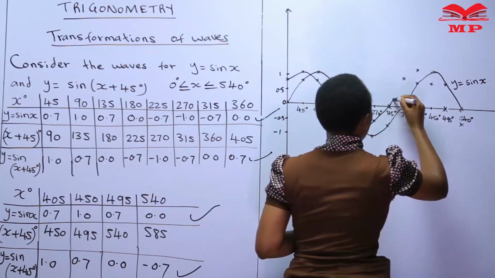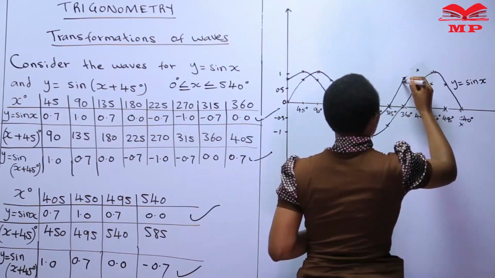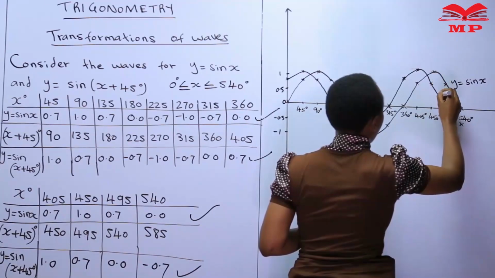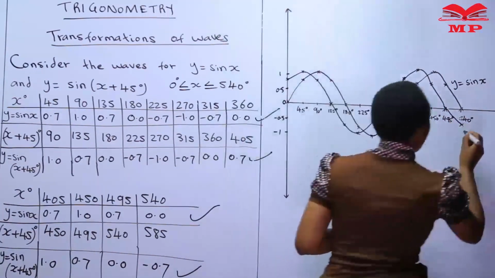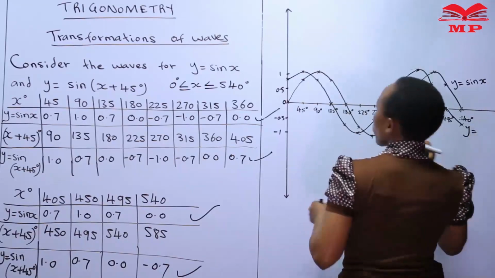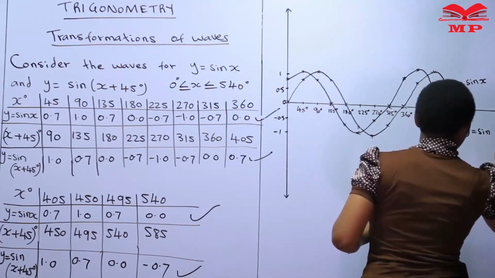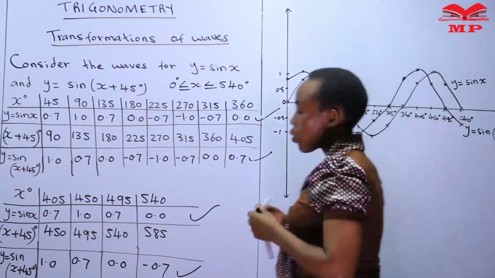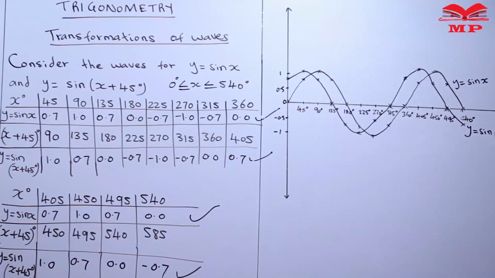So these are the curves that you are going to obtain. From this again, we move here, turn at this point, and finally go that way. So this is y is equal to sine x plus 45 degrees. Those are the two curves that we are going to obtain.